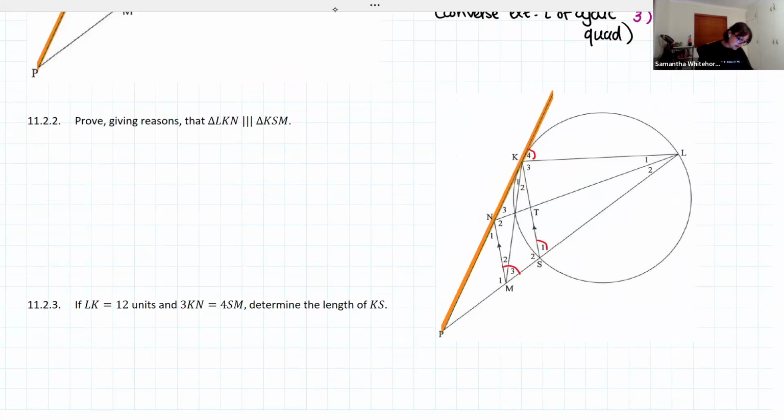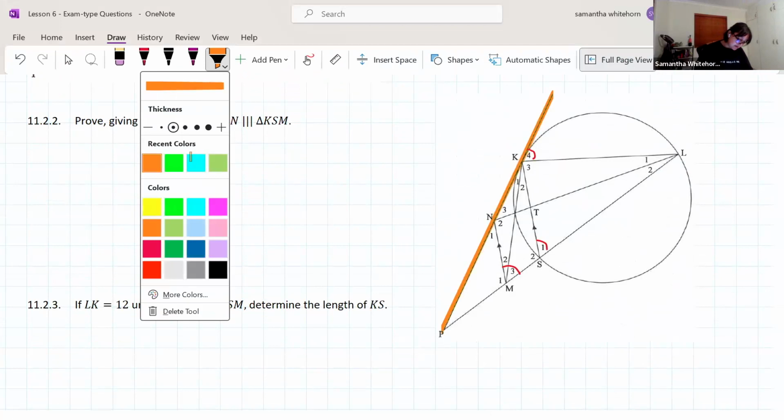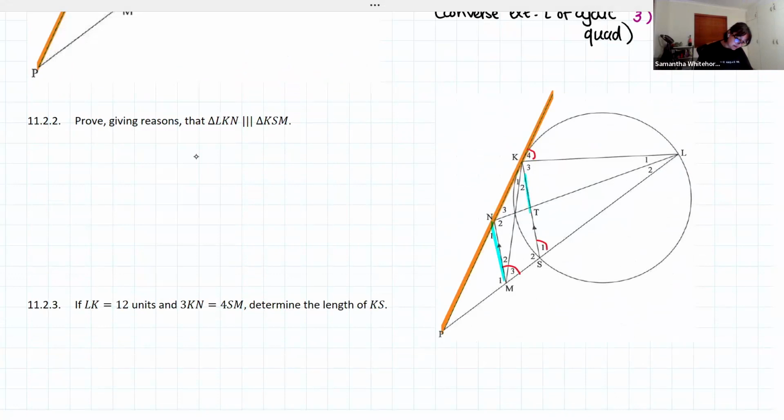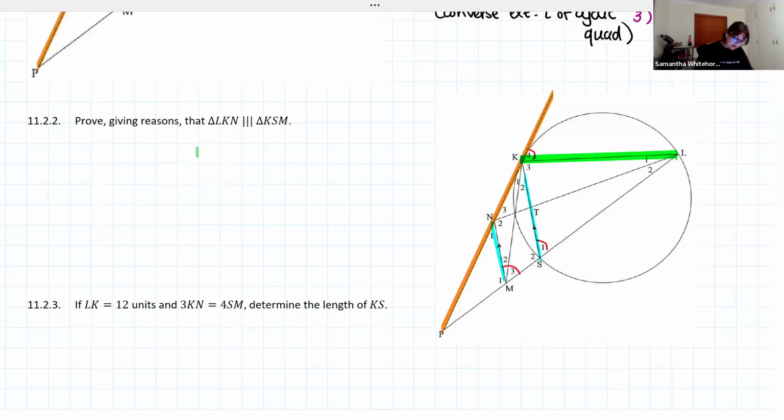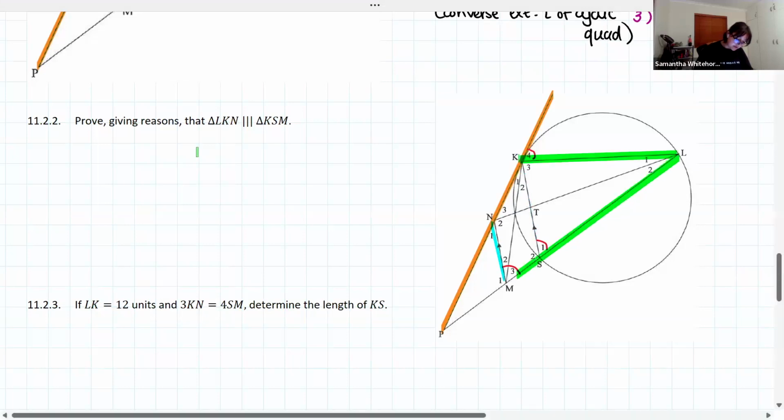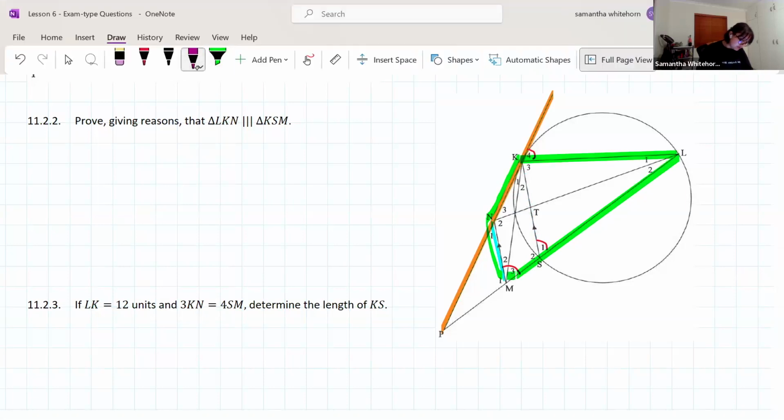We obviously have our parallel lines, NM and SK, and we've just proven that KLMN is a cyclic quad. So these are all things that we know that are potentially going to help us prove similar triangles. Now, the triangles that we want to prove are similar are as follows.